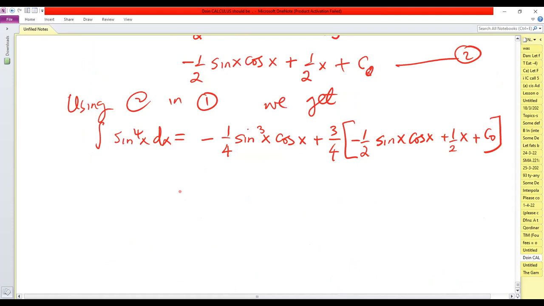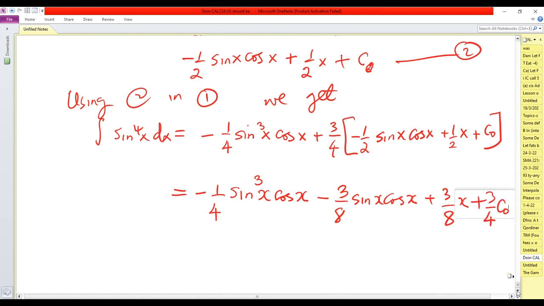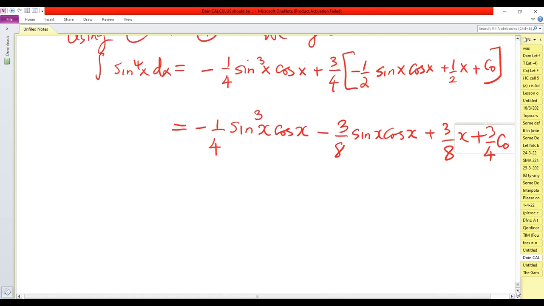Simplifying, we'll get negative 1/4 sine power 3 x cosine of x minus 3/4 by 1/2 is 3/8 sine of x cosine of x. This by this will give us plus 3/8 x, and then plus 3/4 c naught. Remember, c naught is a constant. When you multiply it by 3/4, you also get a constant.